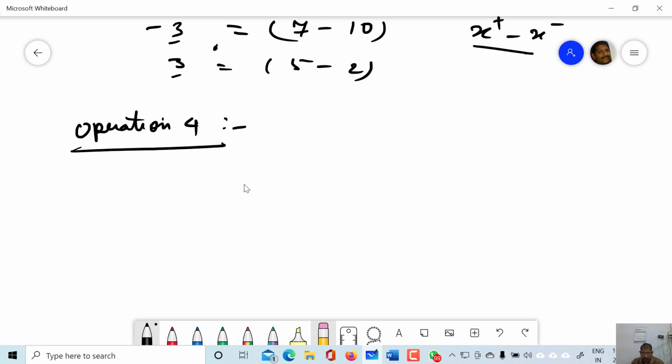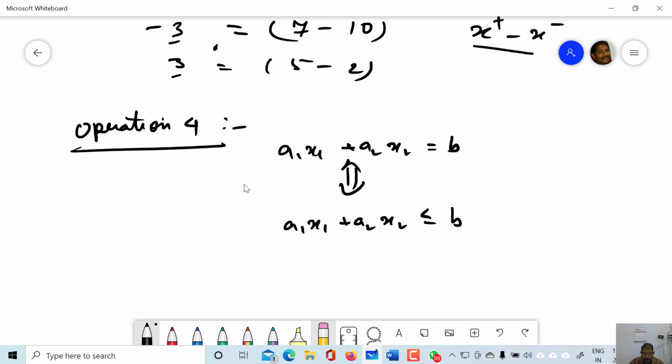An equation a1 x1 plus a2 x2 equal to b is equivalent to two inequalities: a1 x1 plus a2 x2 less than or equal to b, and minus a1 x1 minus a2 x2 less than or equal to minus b. This is equivalent to these two inequalities.